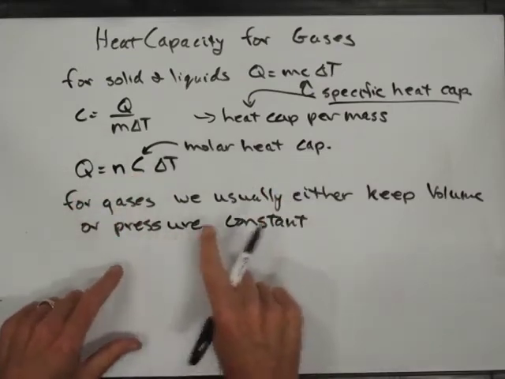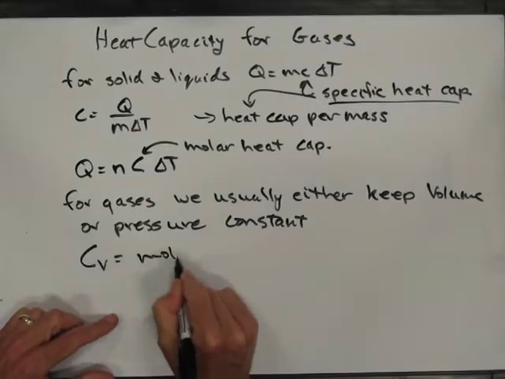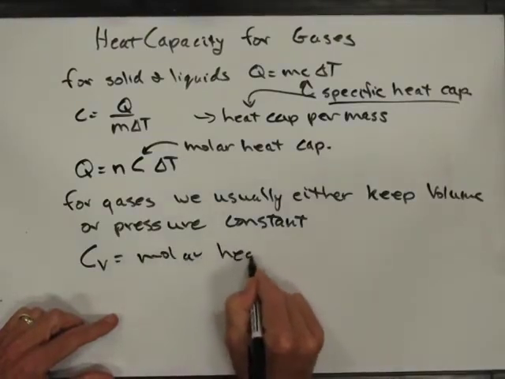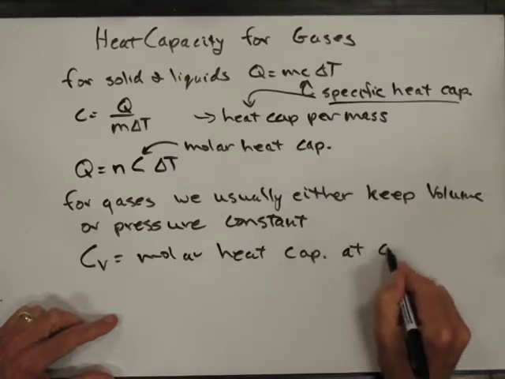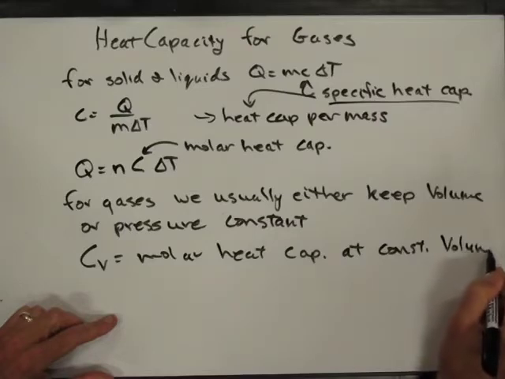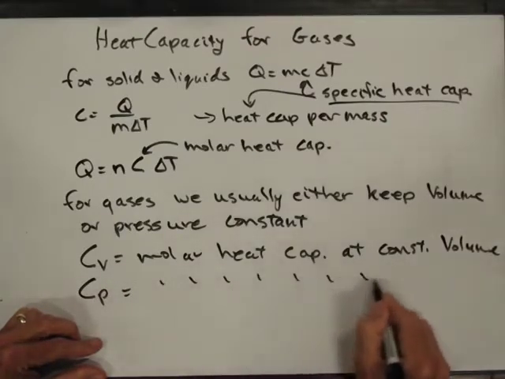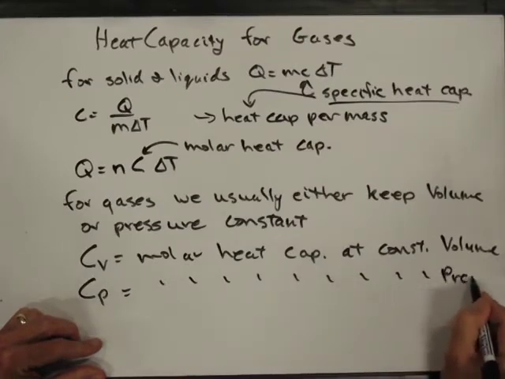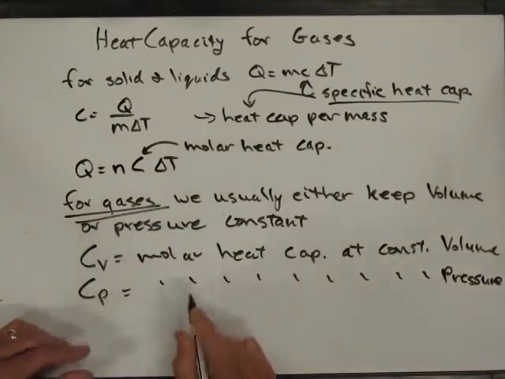And so sometimes you'll want to look at CV, which is the molar heat capacity at constant volume. Sometimes you're interested in the molar heat capacity at constant pressure. And this is for gases usually.